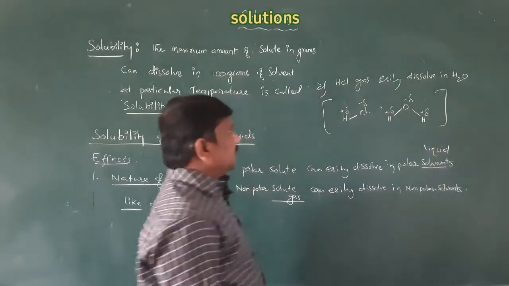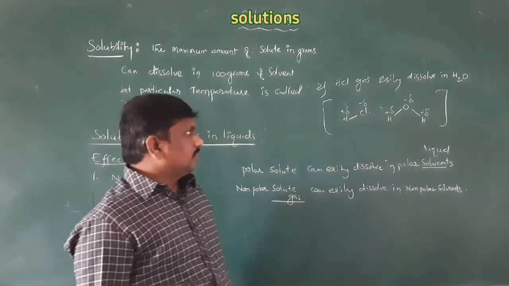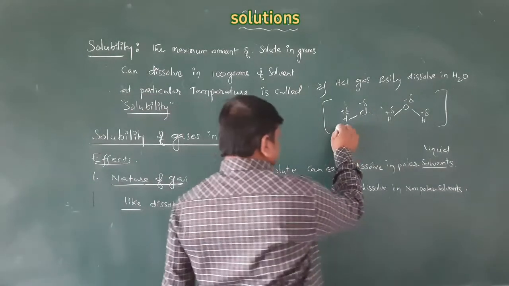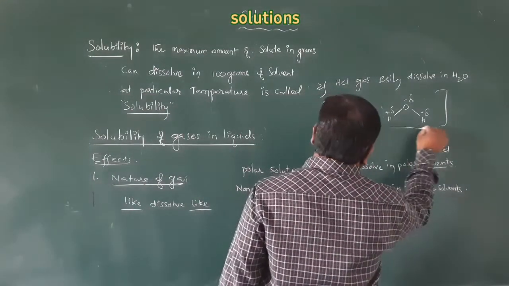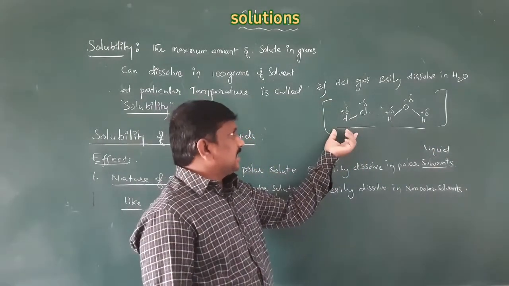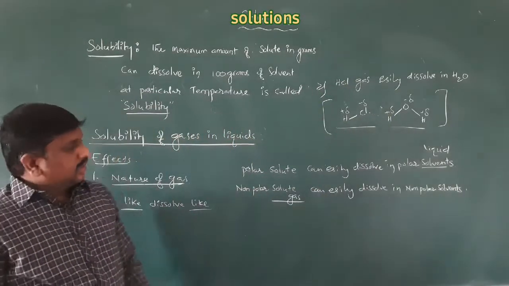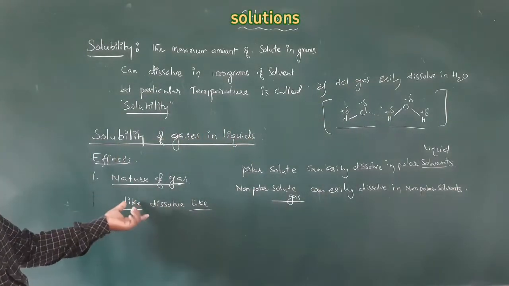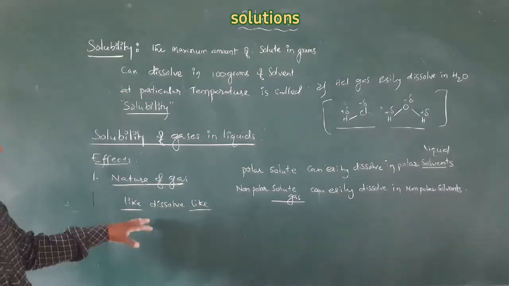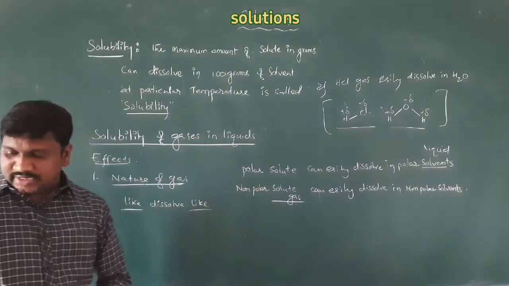So this is the reason HCl gas easily dissolves in water. So this is the polar solute and this is the polar solvent. So here the nature of the gas also affects the solubility of gases in liquids.